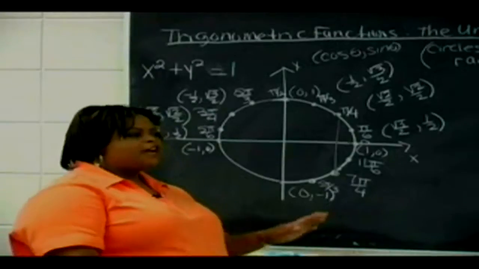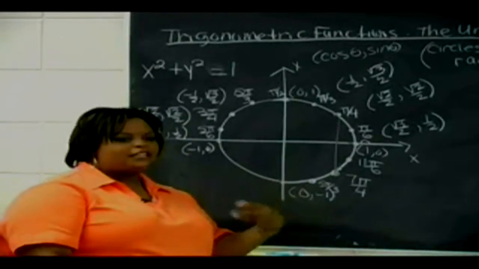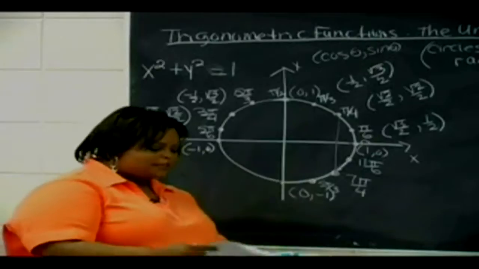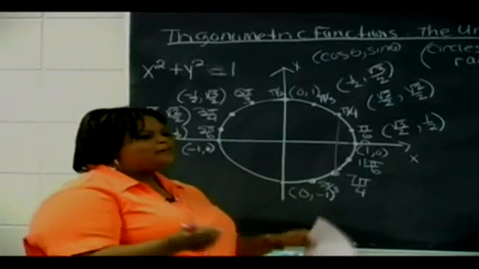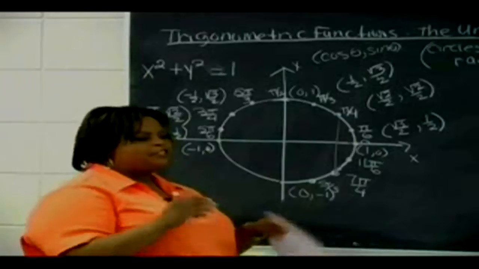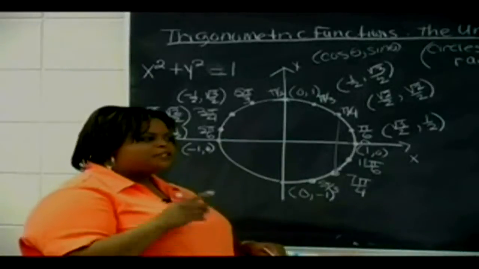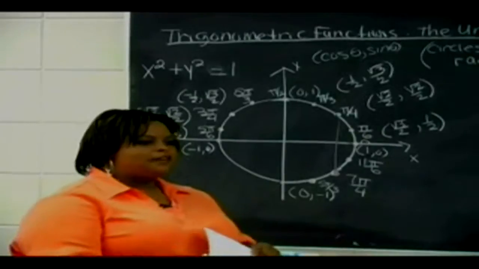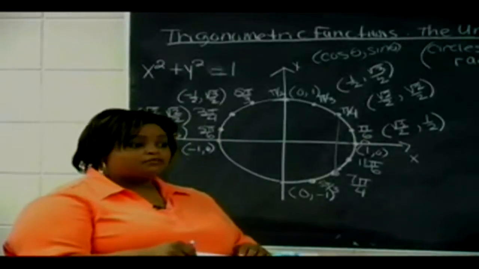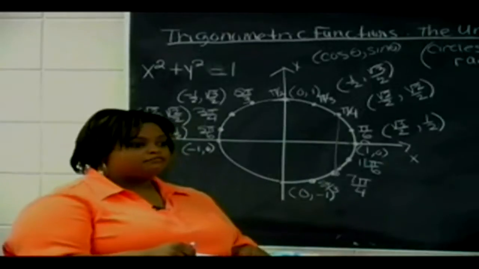So, we do not have a restriction on the domain, but certain values will come out. Now, what this means for us is that if I can put every single number into that function and only numbers between -1 and 1 come out, then some of these angles would share the same function value.